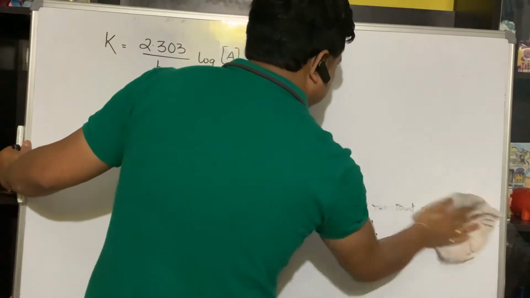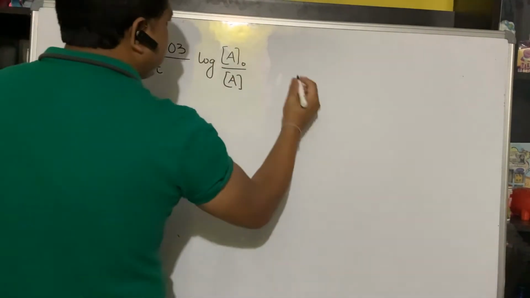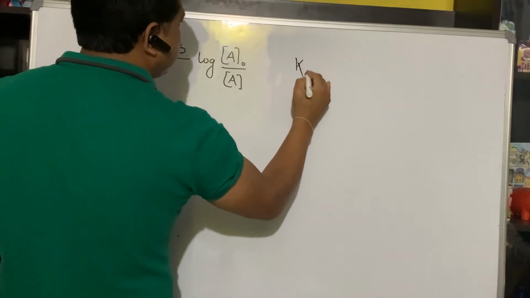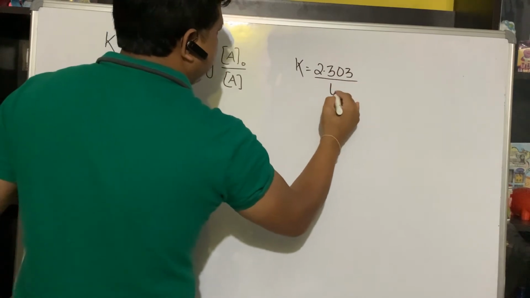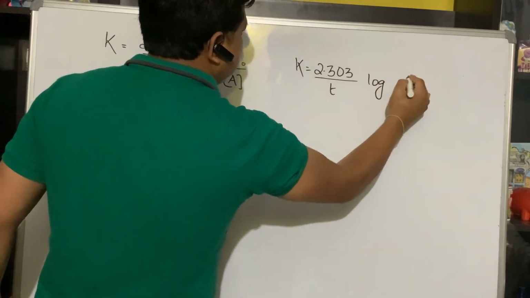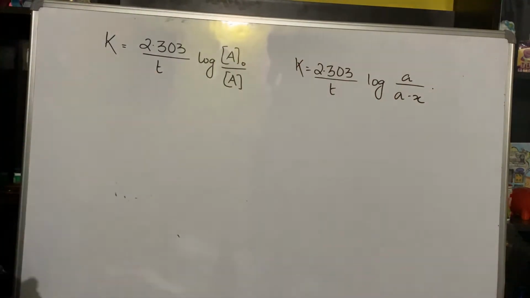Fine. Let me again rewrite this equation in terms of concentration of product. So K will be equal to 2.303 by T log small a divided by A minus X. First let us try to understand this.